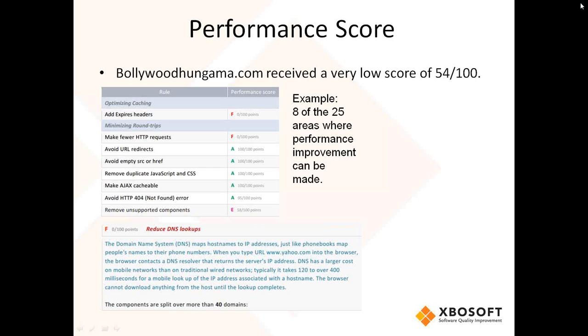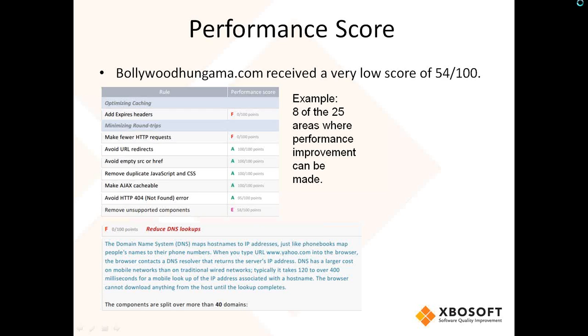And if you're doing that on the fly, if you're doing that in mobile, well, that could take 120 milliseconds to 400 milliseconds for each DNS lookup. Well, that's a lot. So you can eliminate that by careful planning. So it gives you a strategy of how to solve that particular problem. And if you go through each of those 25 areas and did the recommendations, you can dramatically improve the performance of your mobile device.